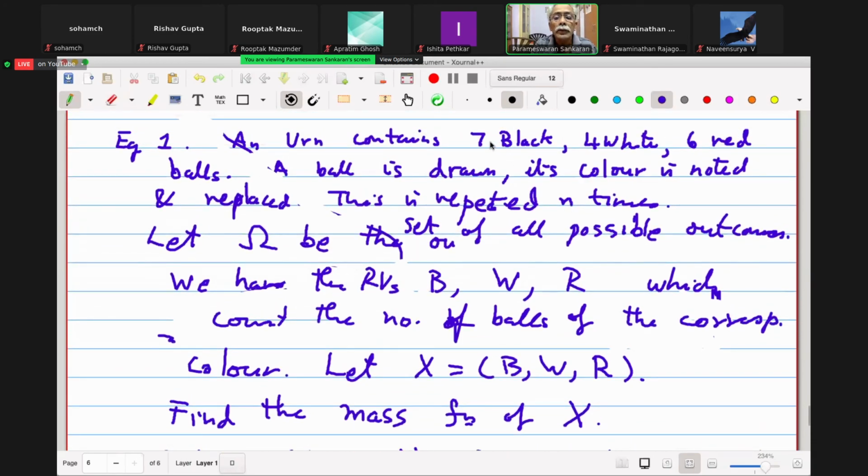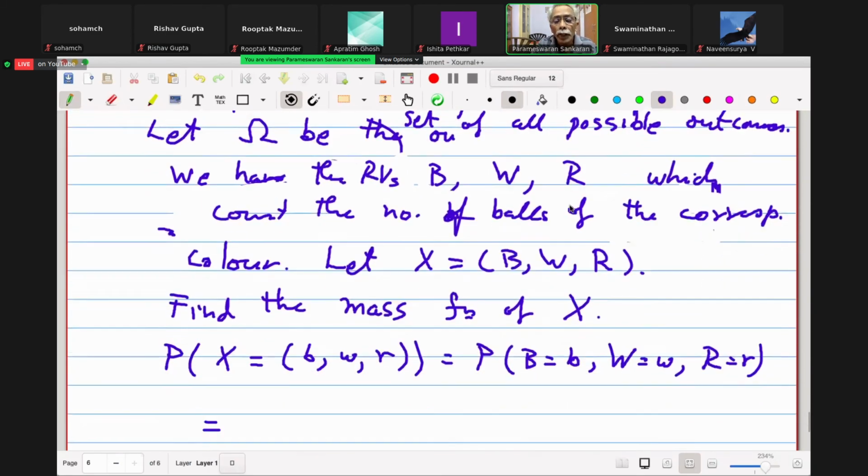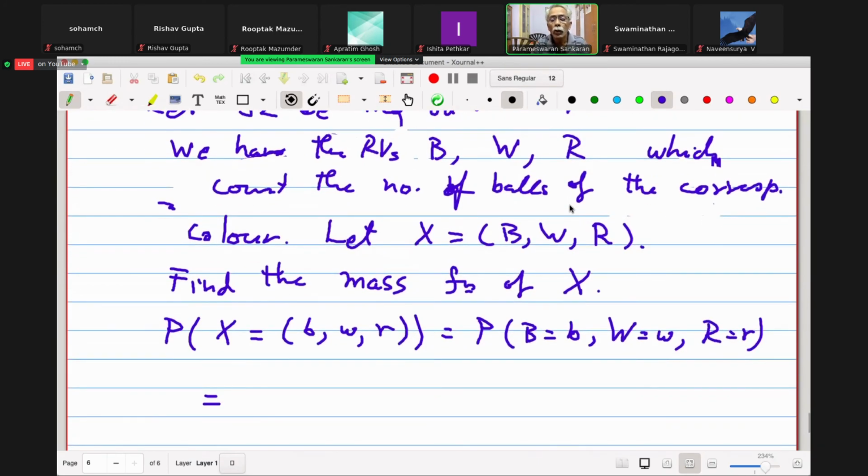Each time there are 7 black balls, 4 white balls, 6 red balls. Out of the n draws, of course, this probability is 0 unless b plus w plus r is equal to n.